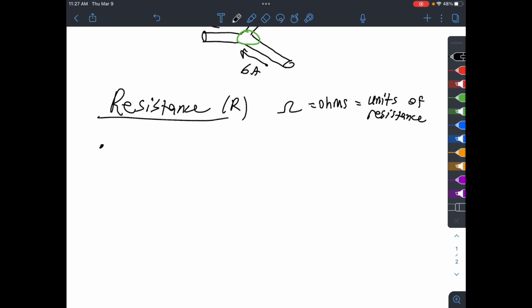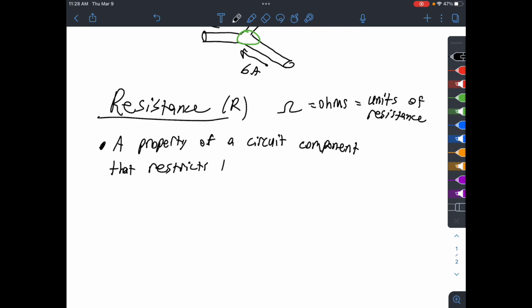But resistance, the definition of resistance in a circuit, is a property of a circuit component that resists or restricts the flow of charge.